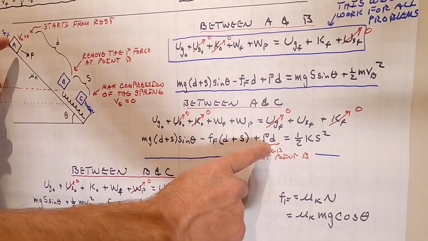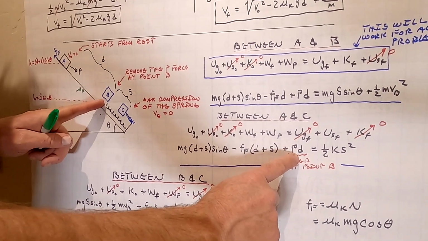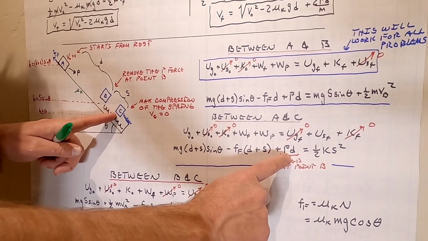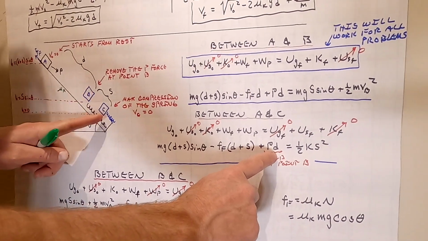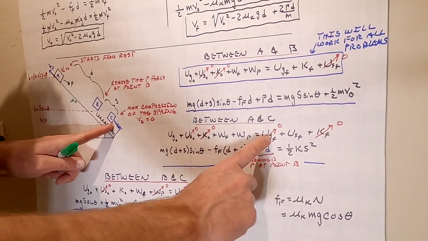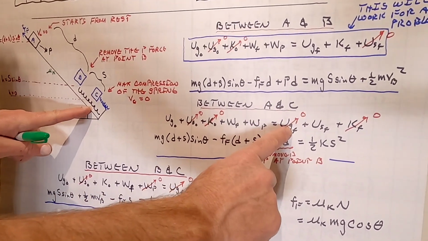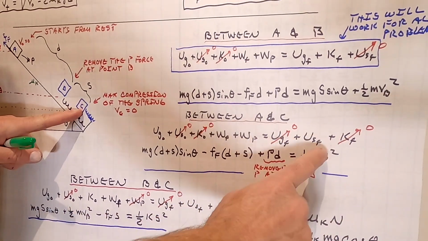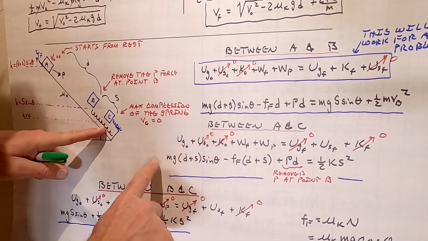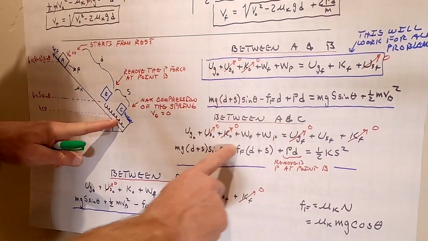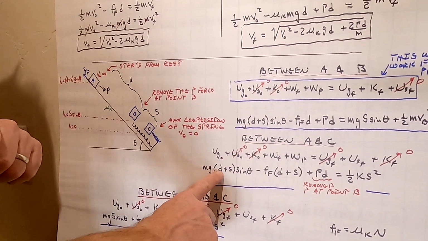Plus how much we helped it: we helped it P d. Then we took our hand away, so there was no help from here to here. It's just from here to here. And when we get down to here, we have no gravitational energy, h is 0. We have no kinetic, v is 0. All we have is spring energy right there. So there would be the energy equation between A and C.